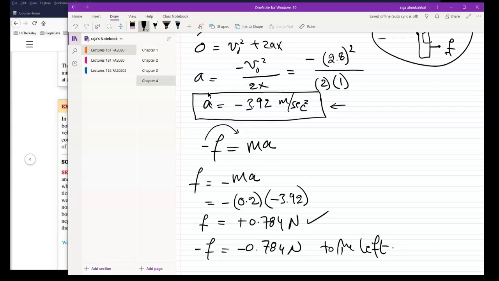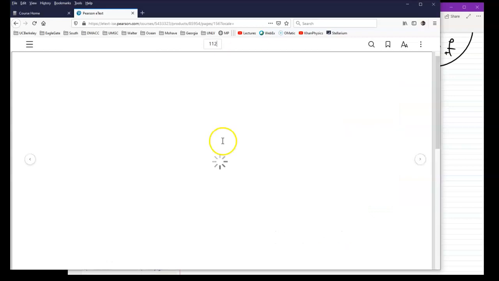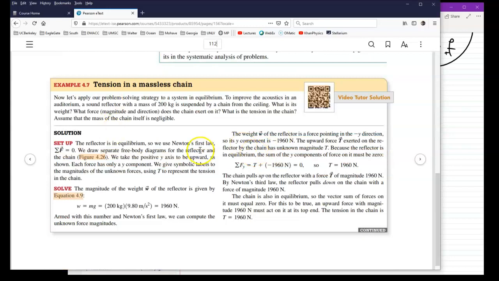He goes on about that, and then there are, I'm going to do example 4.7, maybe 4.8. Did I do 4.8 here? I'm not sure. Anyway, I'll do 4.7 for now. That's on page 112. There we go, right here.